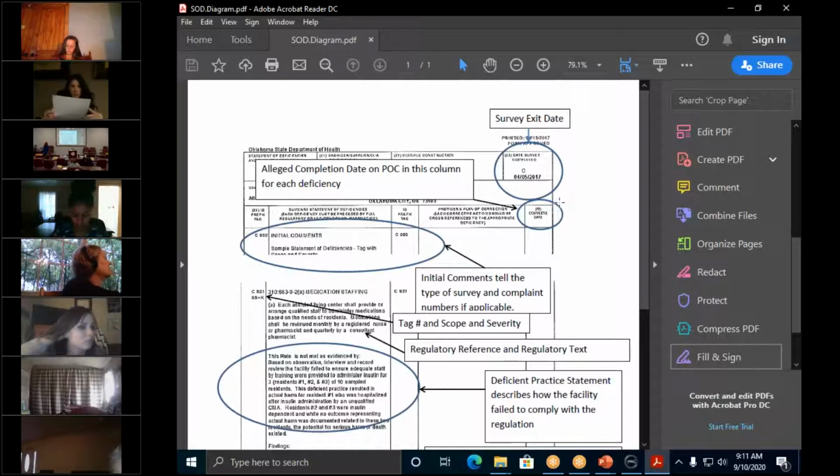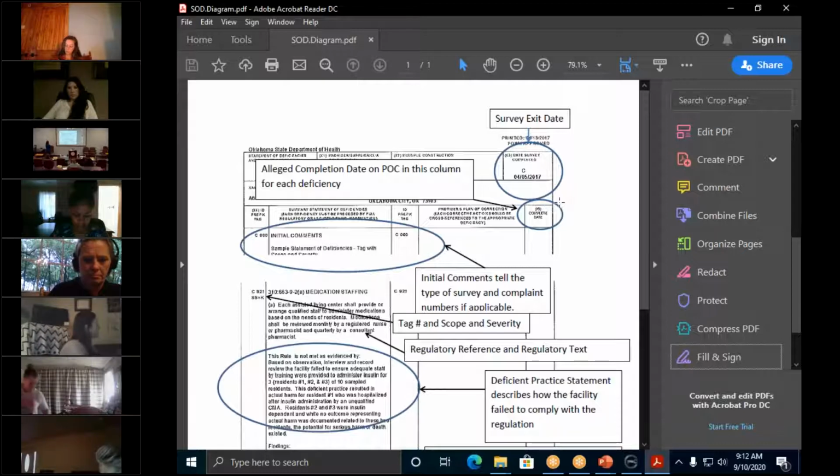Other times it'll say the COVID focused survey was completed at your facility on such and such date, in conjunction with complaint number and whatever. Other times it'll say standard or recertification survey. These are all different kinds right now. It'll identify in the initial comments whether tags were cited or not, okay?